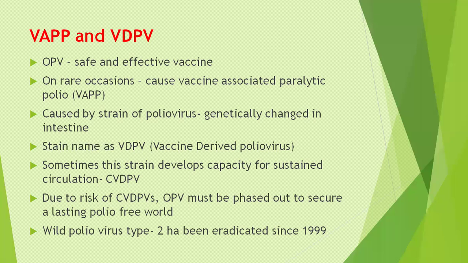And sometimes this strain develops the capacity for sustained circulation, which is called circulating VDPV, CVDPV. Due to the risk of CVDPVs, OPV must be phased out to secure long-lasting protection. So currently, type 2 strain has been eradicated.